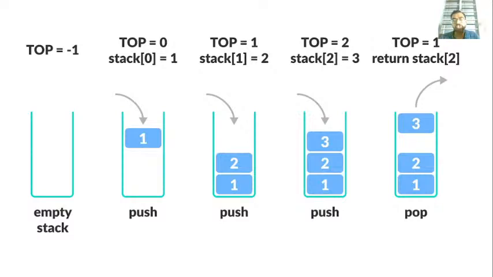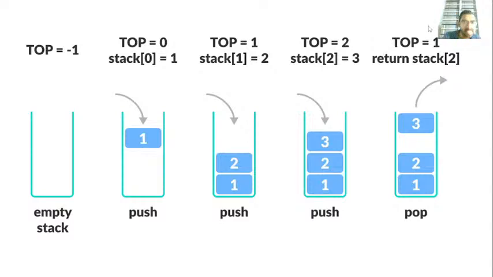Next, if I push an integer data element 1, the top becomes 0. Again, if I push another data element 2, the top is equal to 1. If I push another data element 3, the top will become 2. If I pop the data element 3 from the stack, it will go back to 1.